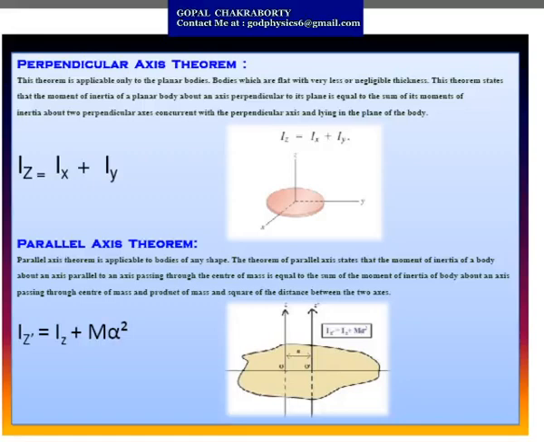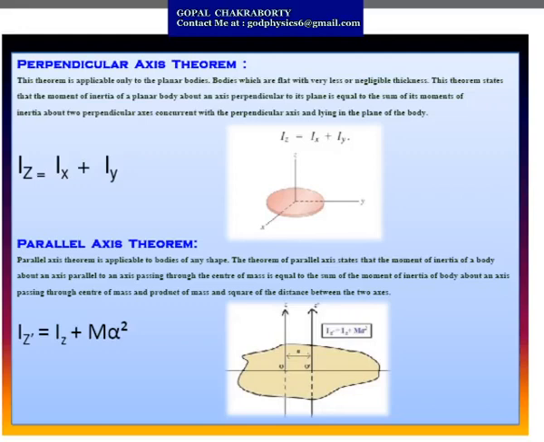Next is the parallel axis theorem. The parallel axis theorem is applicable to bodies of any shape. It states that the moment of inertia of a body about an axis parallel to an axis passing through the center of mass is equal to the sum of the moment of inertia of the body about an axis passing through the center of mass and the product of mass and the square of the distance between the two axes.